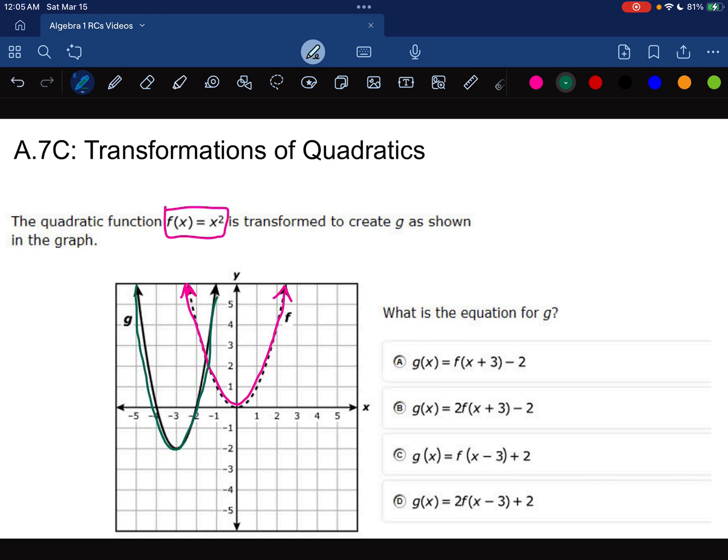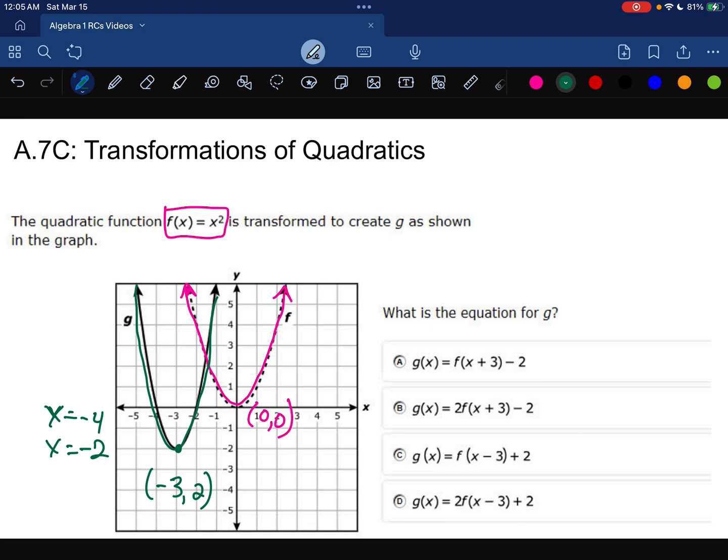If I look at the pink one, the vertex is 0, 0. But if I look at the transformed one, my vertex is -3, -2. My solutions are -4 and -2, I'm sorry. So I am going to look at my answer choices.